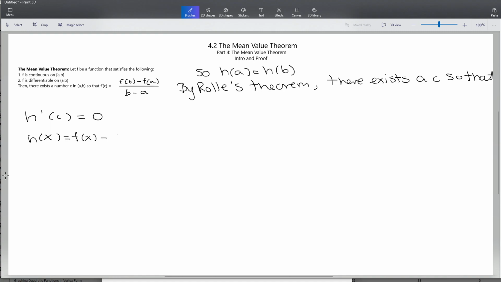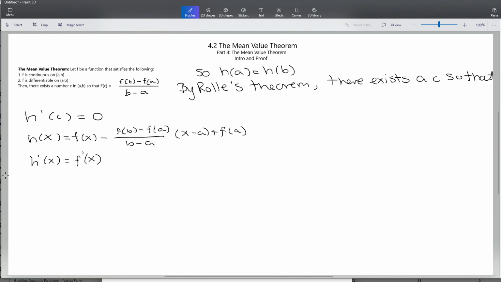And g of x was f of b minus f of a over b minus a times x minus a plus f of a. Okay. So if we want to look at the derivative, h prime of x, right, this is going to be f prime of x.